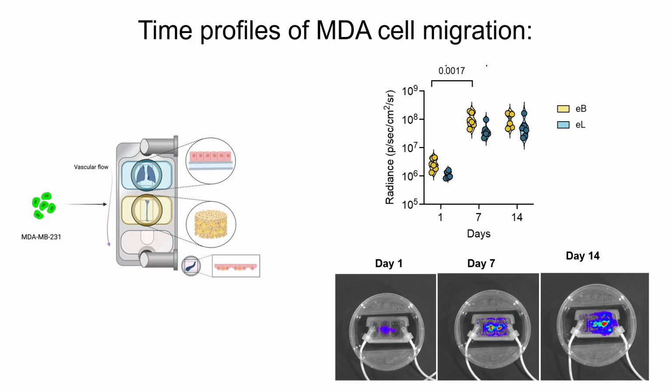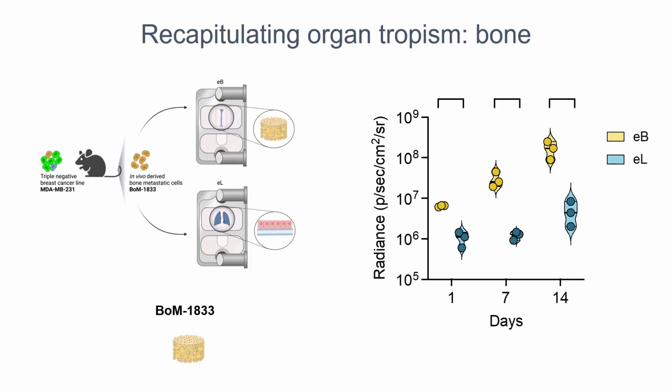So you can also see here, day 1, day 7, day 14. For the 2 tissues, which are lung and bone, you see the increased presence of the cells that you can see visually. And it's nice that this is one of these longitudinal non-invasive measurements, so you can just measure over and over time.